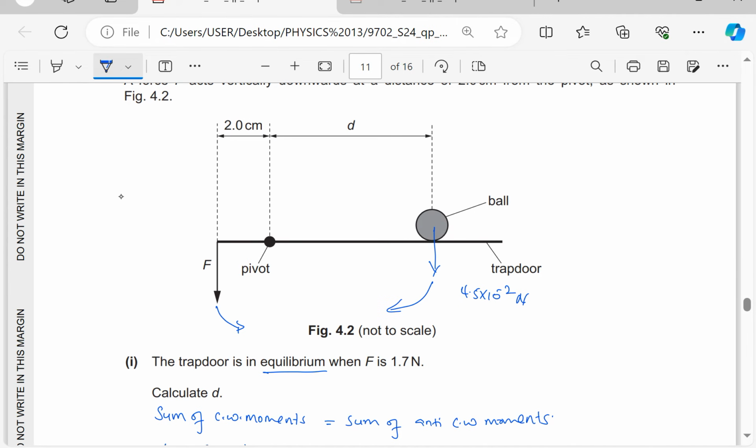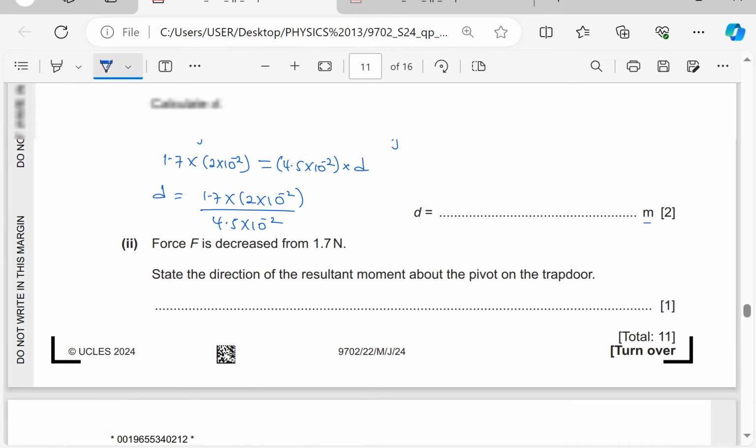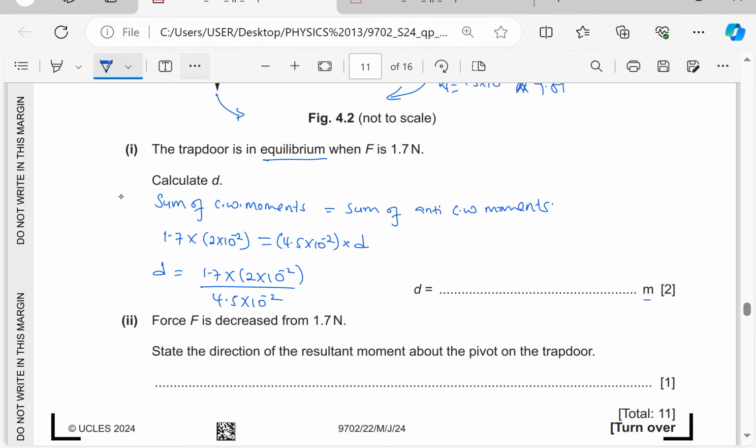Sorry about that. This was kilograms, so this must be times 9.81 to find the force there. So there is something missing here. I'll have to change this because it was not a force, it was mass. So the force is 4.5 times 10 to the power of minus 2 times g, which is 9.81.